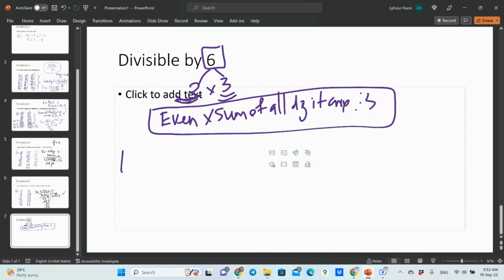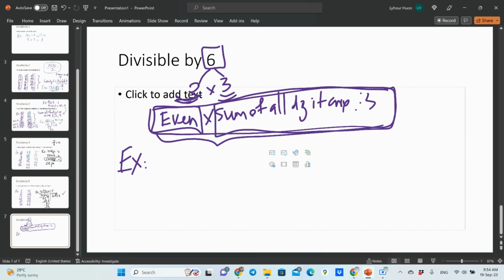Can you give any random number that follows this rule? Then we check whether it follows the rule for 6. The condition for divisibility by 2 is all even numbers, and the condition for divisibility by 3 is that the sum of all digits is divisible by 3.